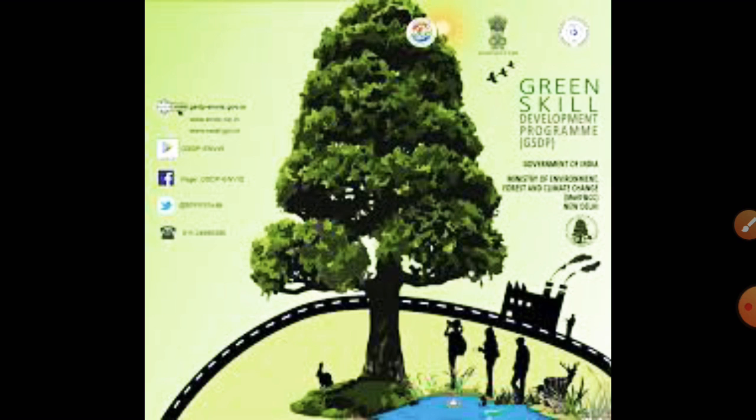That is, the action in one area will affect outcomes in others, and that development must balance social, economic, and environmental sustainability. The objectives, you can say, are economic growth, and balancing social, economic, and environmental sustainability.